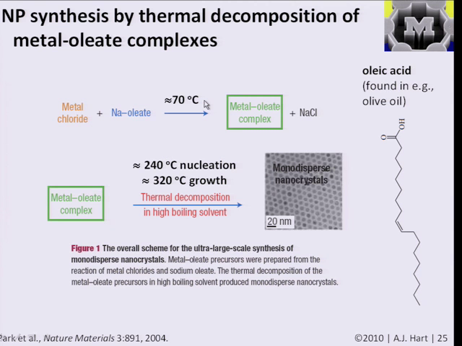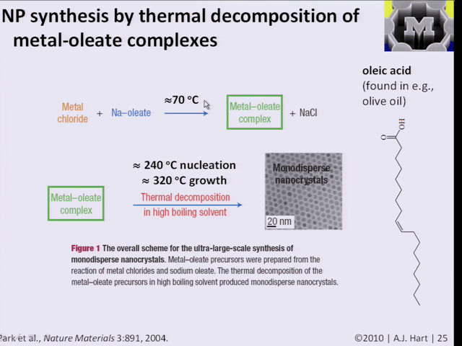For example, there's a lot of oleic acid in olive oil. They heat up this mixture of metal salt and sodium oleate such that you form a complex between the metal atoms and the oleate. In the case of iron, it's iron with 3 oleates around it for each iron, and the salt, which is the other thing you aren't going to use, sodium chloride. This happens at a relatively low temperature, about 70 C.